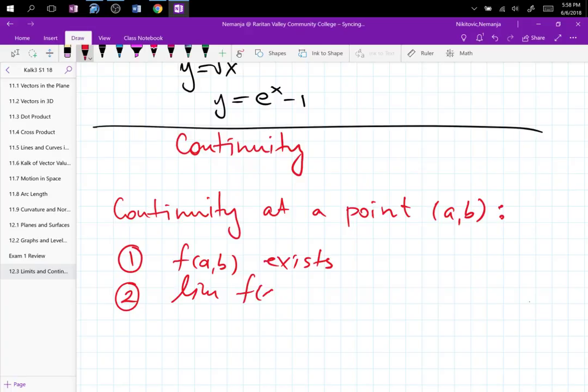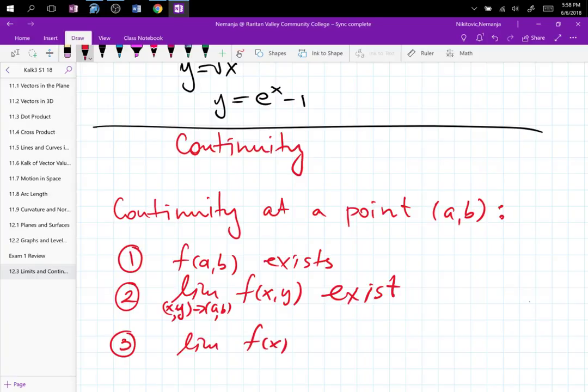The limit of f of x, y needs to exist as (x, y) goes to (a, b). And 3, 1 has to equal 2, which means the limit of f of x, y as (x, y) goes to (a, b) needs to be equal to f of a, b.